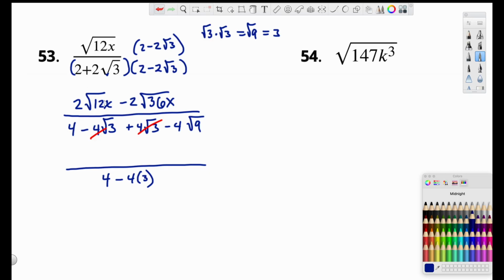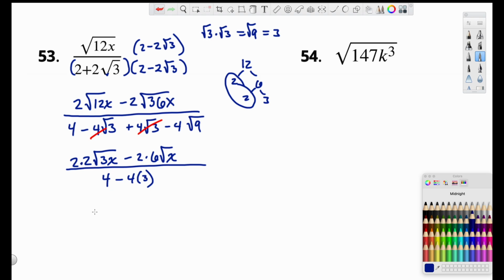In the numerator here, we can simplify some stuff. So 12, I have a pair of 2's that can come out. So this would be 2 times 2 root 3x. And then the square root of 36 is 6. So this would be 2 times 6 root x.